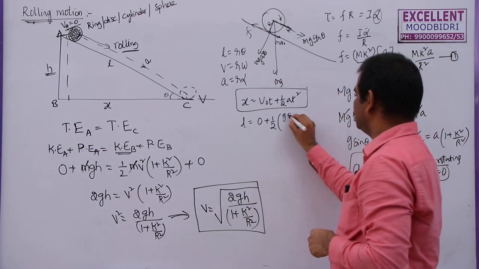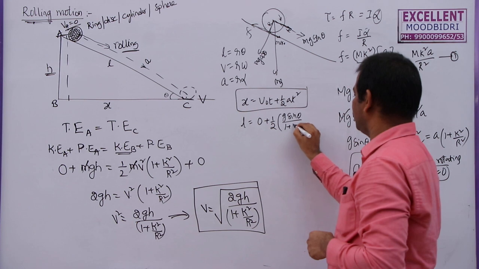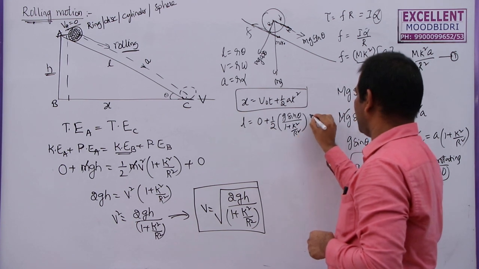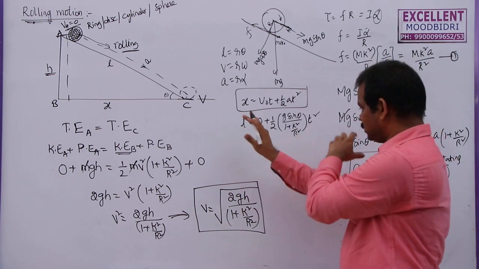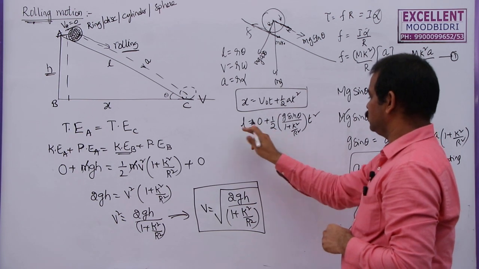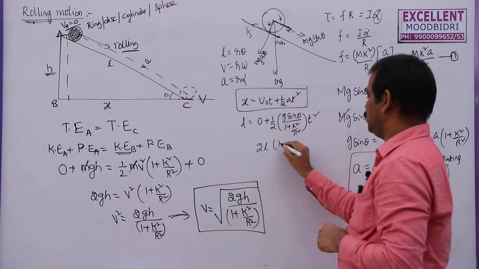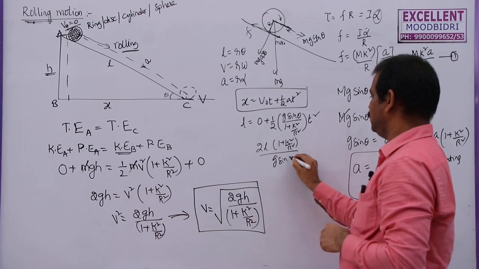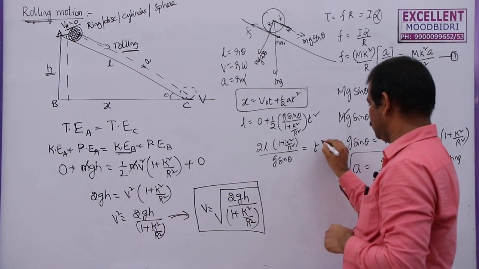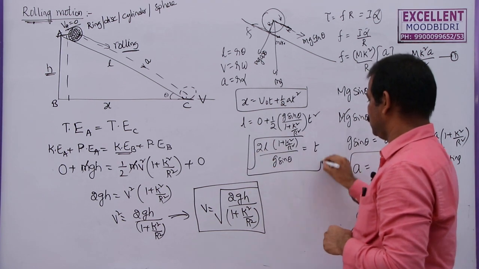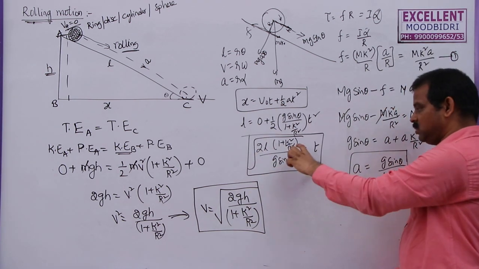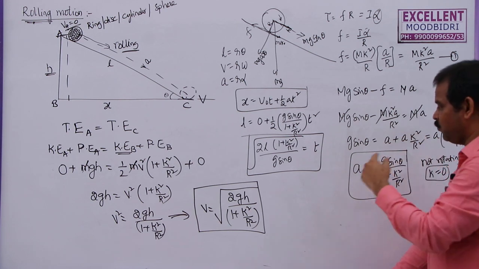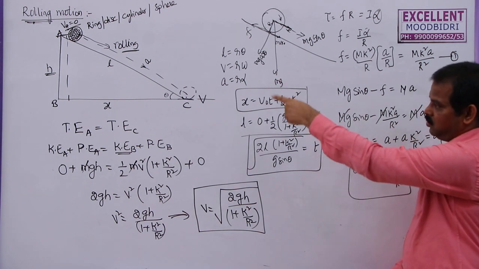This will become g sin theta by 1 plus k square by R square into t square. Cross multiply: 2L (1 plus k square by R square) by g sin theta is equal to t square, or t is equal to the root of this. So by using this expression, we can find the time taken by this body to reach the ground.